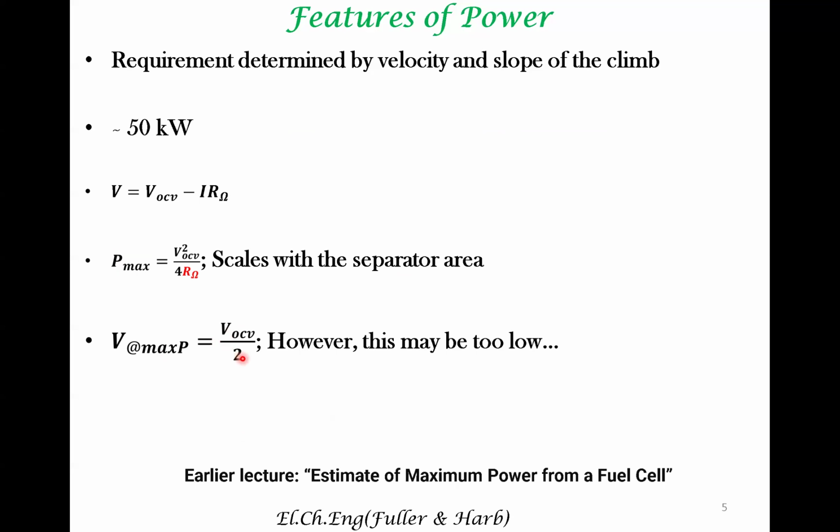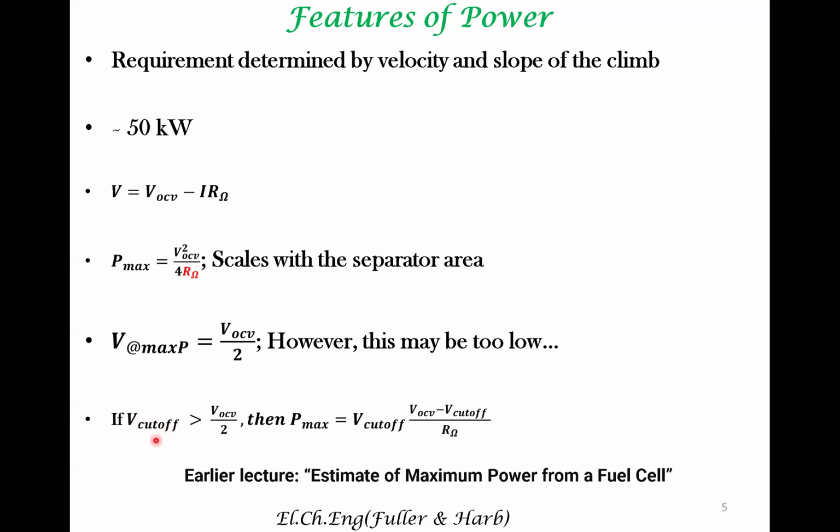However, you do not want to be operating the battery below a certain voltage. So if V_OCV by 2 is less than a particular value, you do not go to that value, but you restrict the voltage to some cutoff, V cutoff. You do not go below a certain cutoff potential.